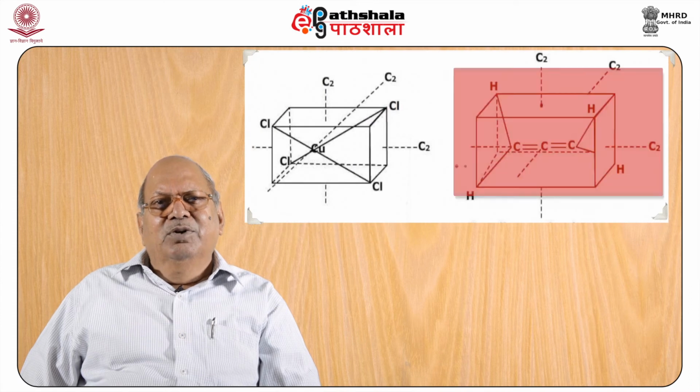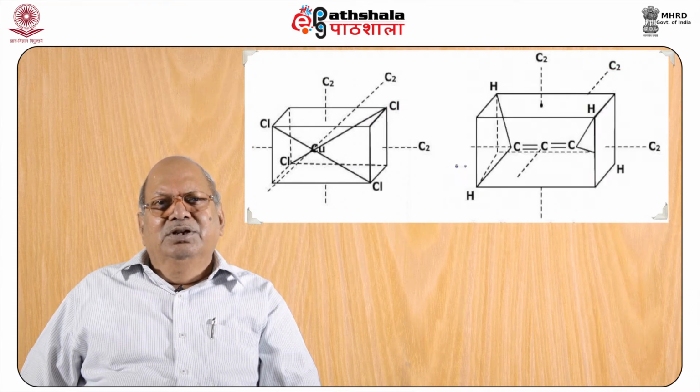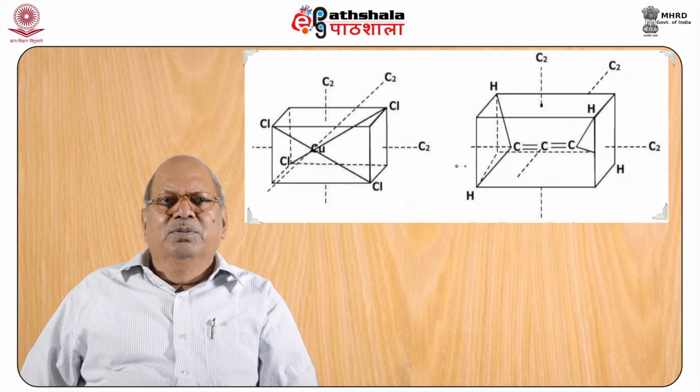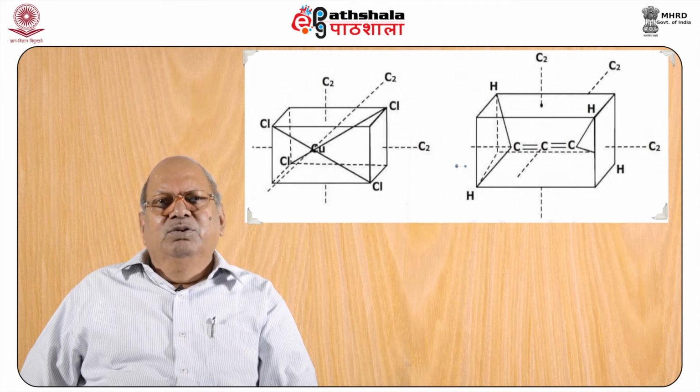Now, in the allene molecule, the dihedral planes and C2 axis are shown and mentioned, that is where the dihedral plane passes. In the allene molecule, if I put the molecule in a rectangular box as shown over here, my C2 axis will pass in between the faces as shown, and sigma d will pass through the diagonals.